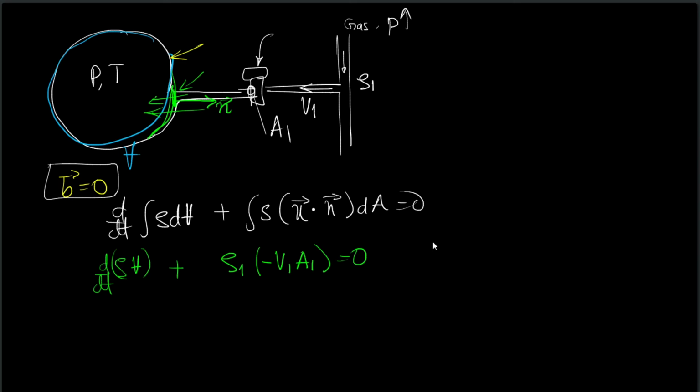So now we get d/dt of rho is equal to rho 1 v1 a1 upon the volume of the tank.